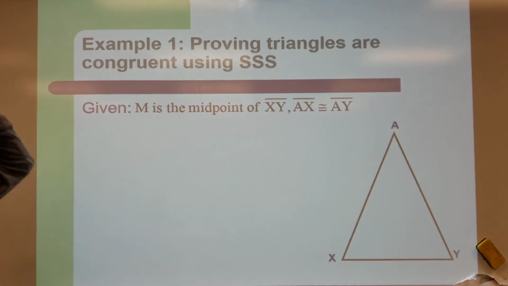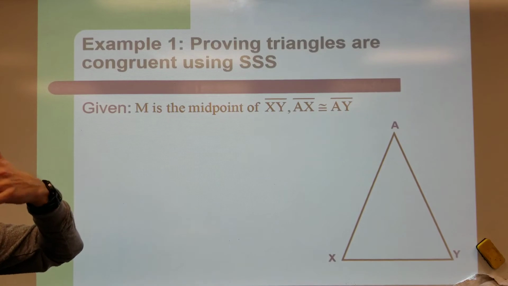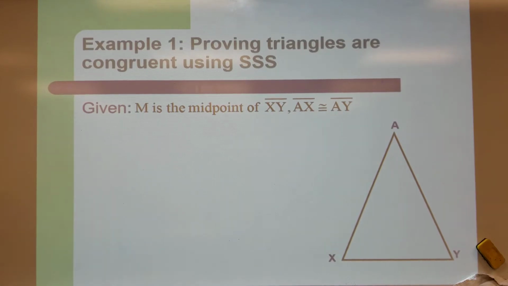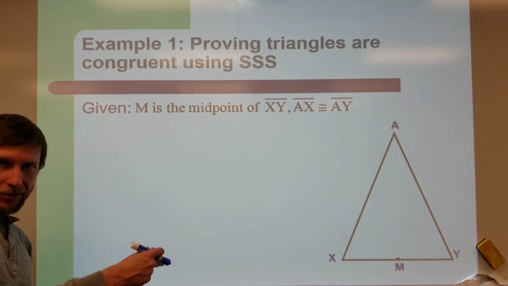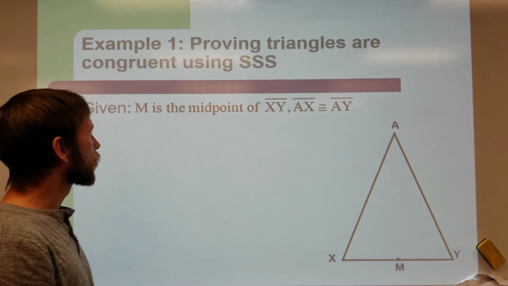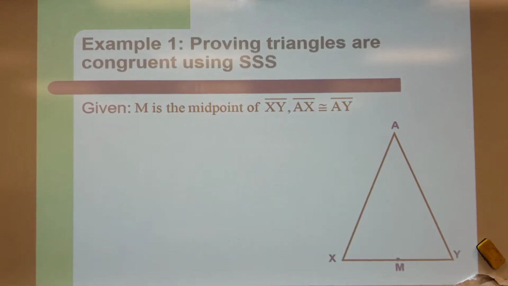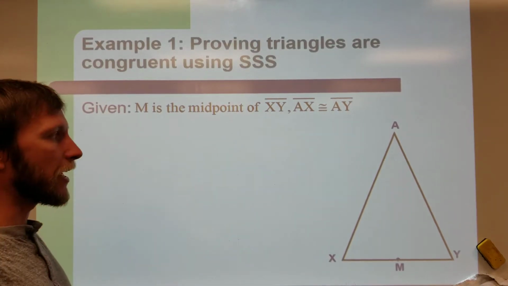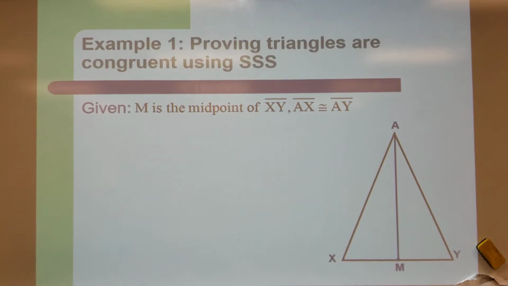Here is a triangle AXY, and we are told a few things. We are told that M is the midpoint of the base of this triangle, which in this particular picture is XY. So M is the midpoint of XY, which means that I can draw the segment MA or AM in such a way that it now shows us that we have 2 triangles.